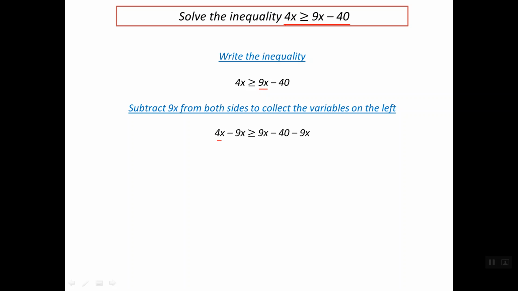So the left side becomes 4x minus 9x. Because we are using the subtraction property, the inequality stays the same. And for the right side, we have 9x minus 40 minus 9x.